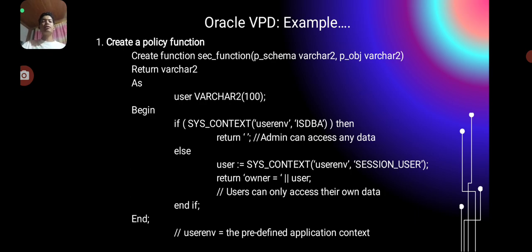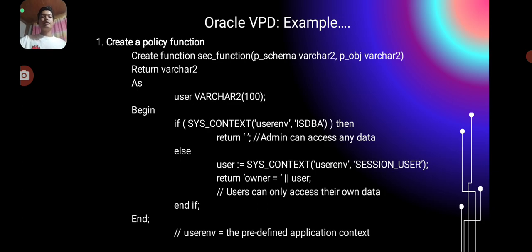Else, if not, it returns owner = user, so users can only access their own data. Then the end, the predefined application context. USERENV is the term used.